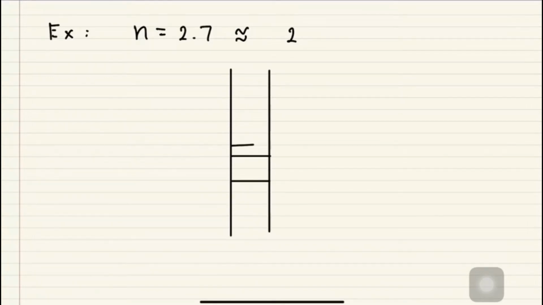Yang atas ni first dark, first bright, second dark, second bright, third dark. Third bright tu dah tak nampak. So this one is your dark, this one is your dark. This one is central max. This one is when n is equals to 1. This one is n equals to 2.